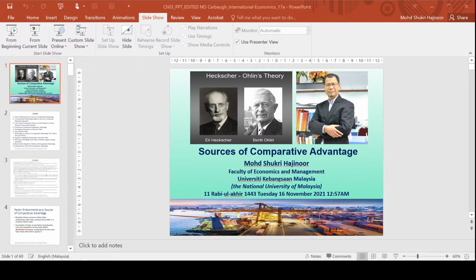That's our number 4, 5, 6, 7, and 8. From 4 to 8, that's the alternative to factor endowment. Still talking about comparative advantage. And after that, the other discussions.